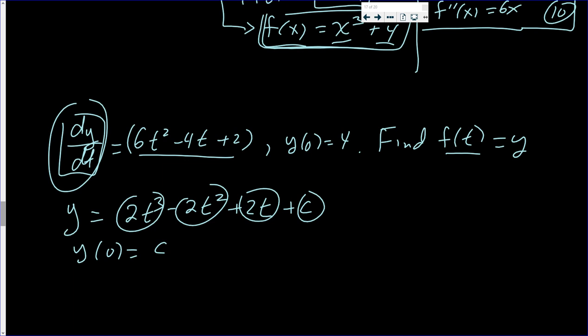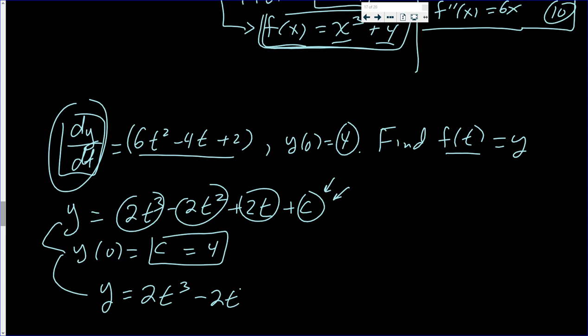And they're telling us that y of 0 should be 4. That means the constant is 4. So with these two pieces of information, I know that y is 2t cubed minus 2t squared plus 2t plus 4. And they say find f of t, I'll call it f of t.